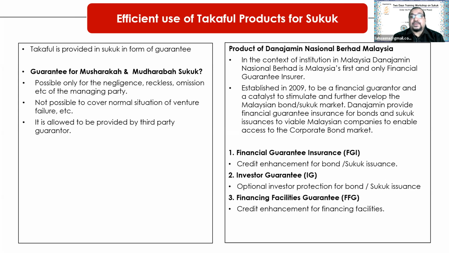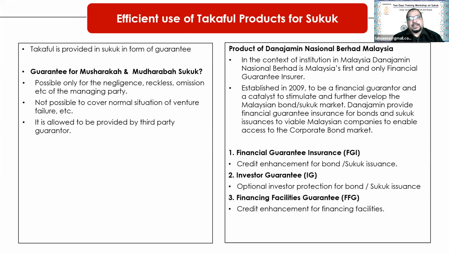They have three main products: financial guarantee insurance, which relates to credit enhancement; investor guarantee, which is optional investor protection for bond issuance; and financing facility guarantee, which is credit enhancement for financing facilities. But what is important for us is number one, the credit enhancement for bonds and sukuk, precisely for sukuk.